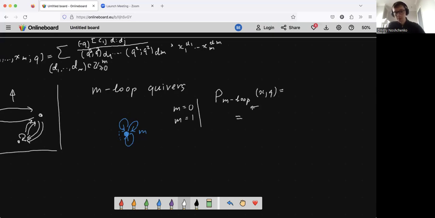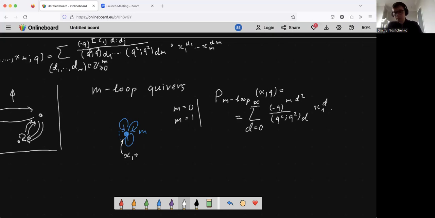This would be just a sum over one integer d from 0 to infinity. And here in the exponent we have d squared, and x1 to the power d, where x1 is associated to this node.